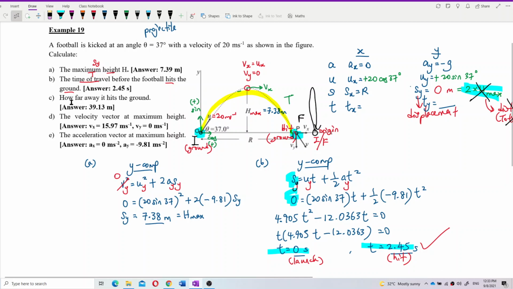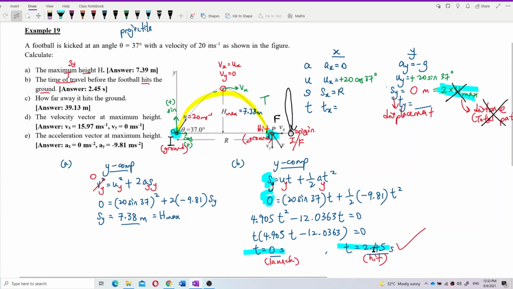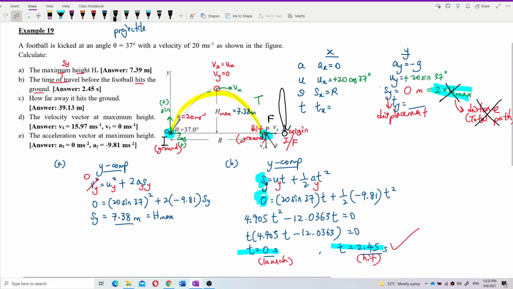Now how far away does it hit the ground? It's getting easier and easier because we have more information now. We already have the time here. So let's do part C. How far means we need to find Sx, the range, how far from the initial point it hits the ground.